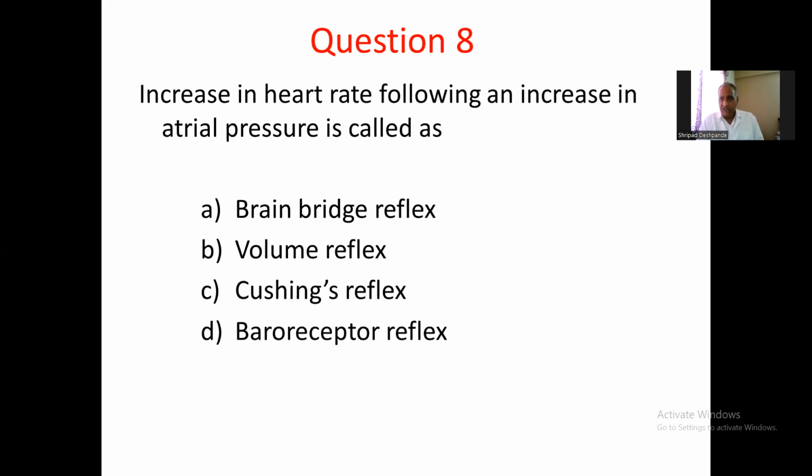D. Baroreceptor reflex. There is no reflex like a brain bridge reflex. It must be Bainbridge, B-A-I-N-B-R-I-D-G-E, Bainbridge reflex, not the brain bridge reflex. So this question does have a problem.